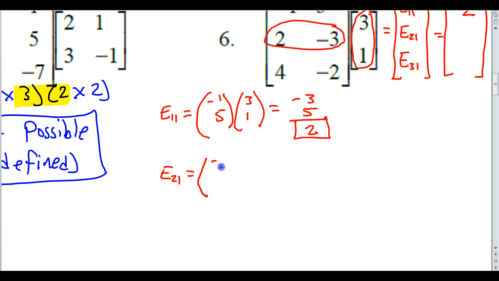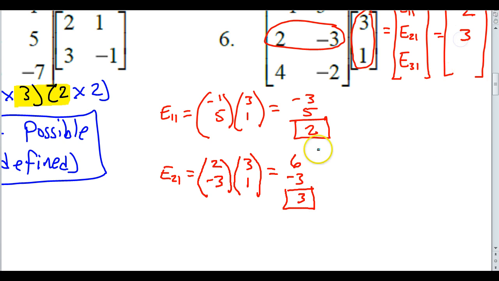So that's 2, -3, that's row 2. And then column 1 is 3, 1. So that's going to be 6 and -3, which is 3. That means I'll have a 3 here.